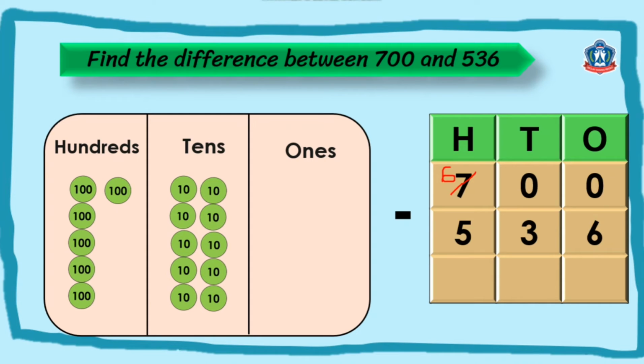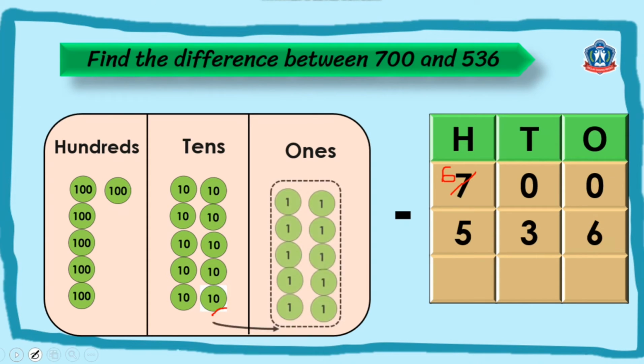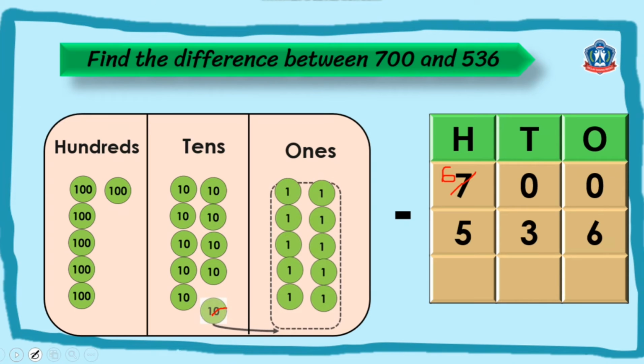Okay, next, how about the ones? To get the ones, we will rename one of these tens into 10 ones. See? And our tens becomes 9, 9 tens because we already take 1 ten. And our ones now becomes 10.